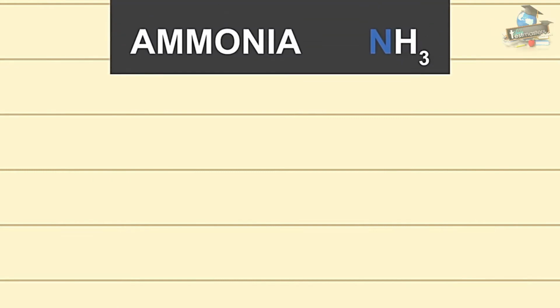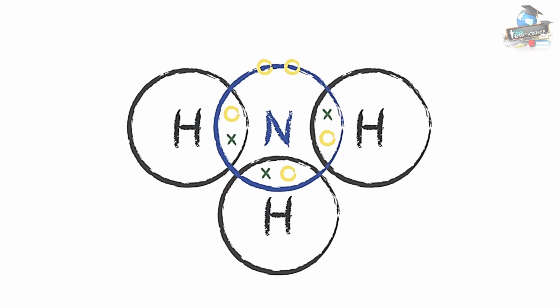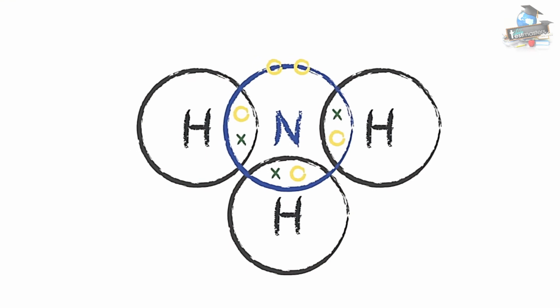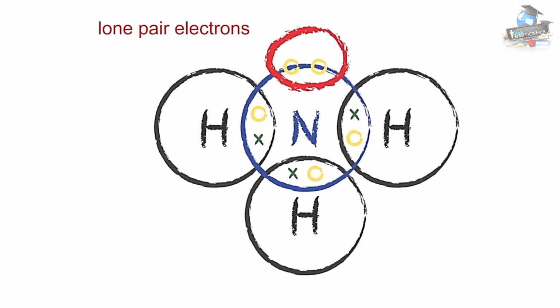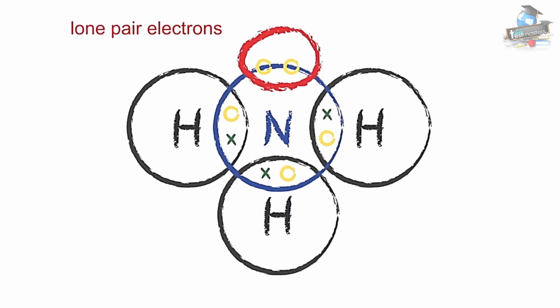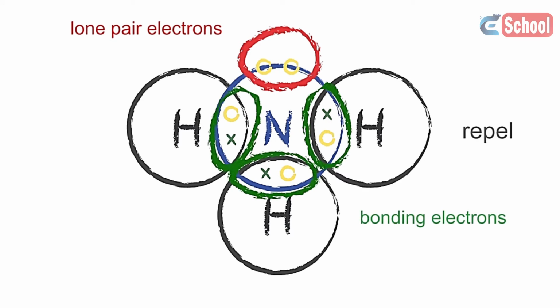Let us now look at ammonia, NH3. Pause the video and draw a dot cross diagram for this molecule. Here is the dot cross diagram. As you can see, there are 3 bonding pairs and 1 lone pair. The lone pair electrons will still repel the bonding electrons. In fact, the repulsion of lone pair electrons is stronger than that of bonding electrons.